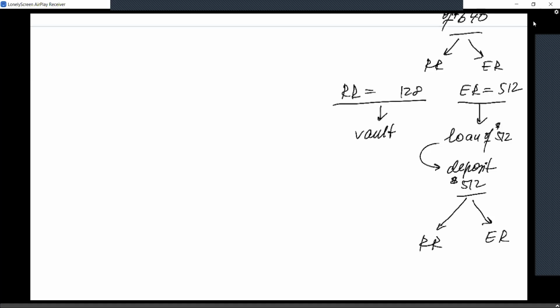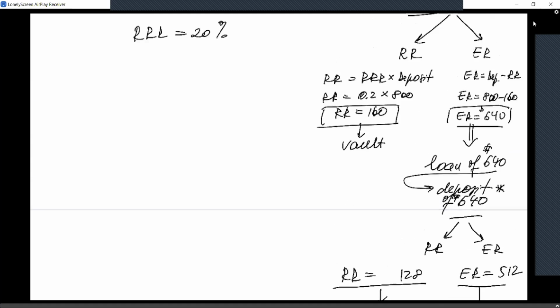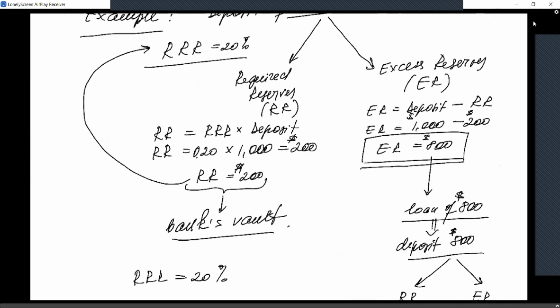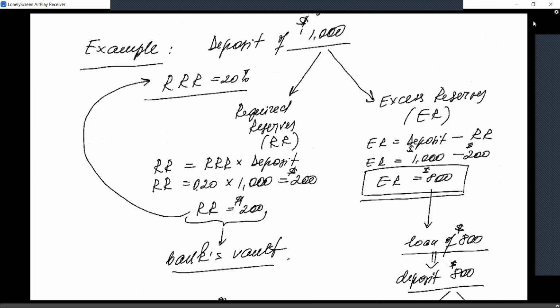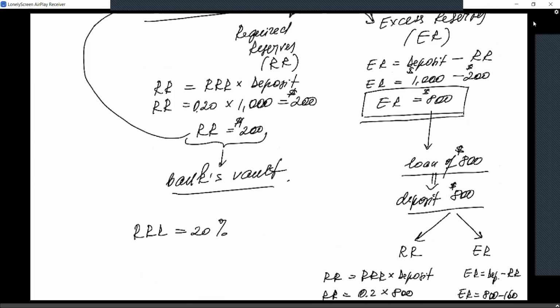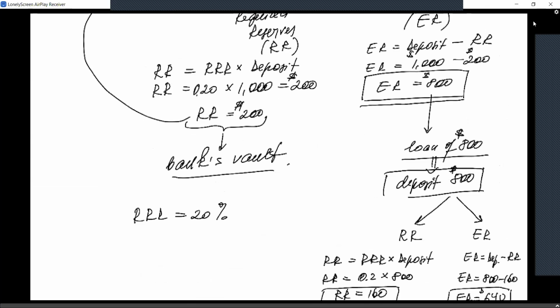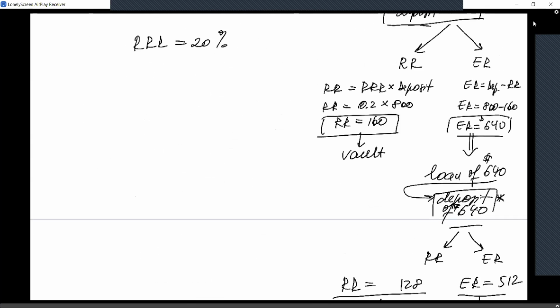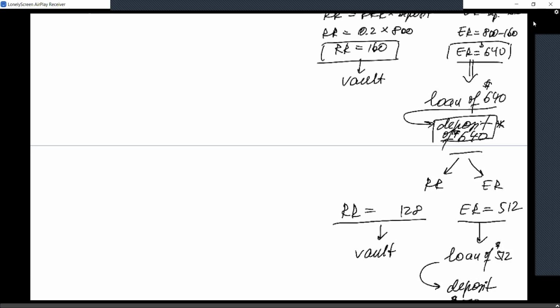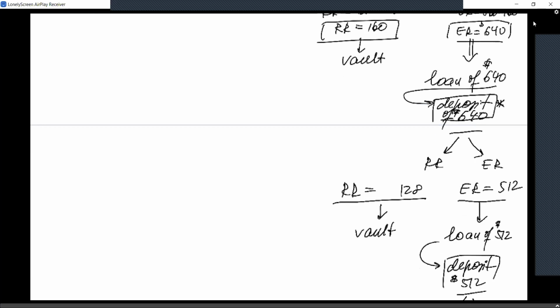But let me take you back to the very beginning of our exercise. Where is the beginning? Here. A deposit of $1,000 first created a deposit of $800, then created a deposit of $640, then created a deposit of $512. And we're not even done with all these layers.